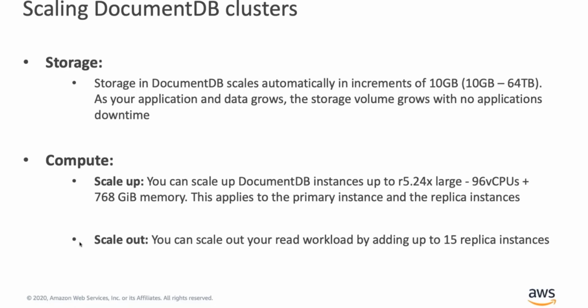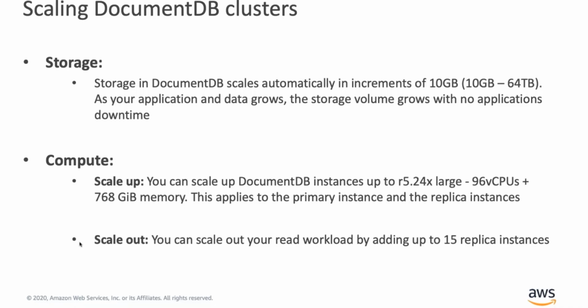You can scale up individual DocumentDB instances to 24x large, which will give you 96 vCPUs and 768 gigs of RAM. And yeah, this applies to both primary and replica instances. You can also scale your read workload out by adding up to 15 replica instances.